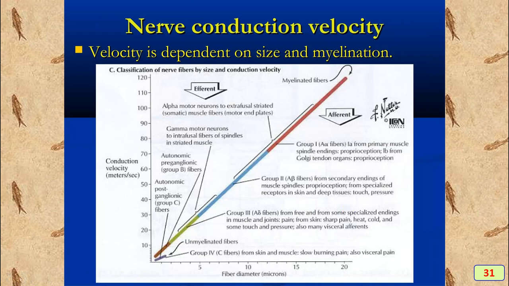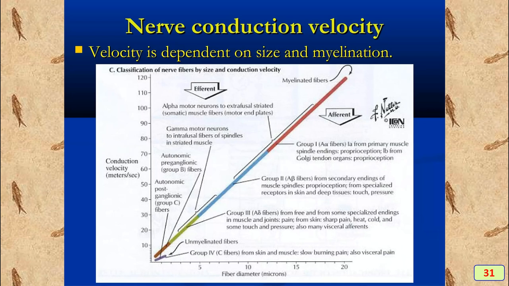Then nerve conduction velocity is dependent on size and myelination. It is very fast, within a fraction of a second. It is transmitted as usual in afferent and efferent divisions. Afferent means the sensory stimuli is carried to the central nervous system, whereas efferent carries impulses, for example by the alpha motor neurons to the extrafusal striated muscle fiber.